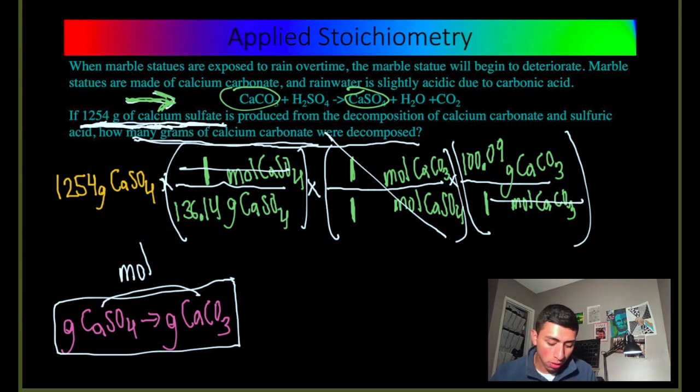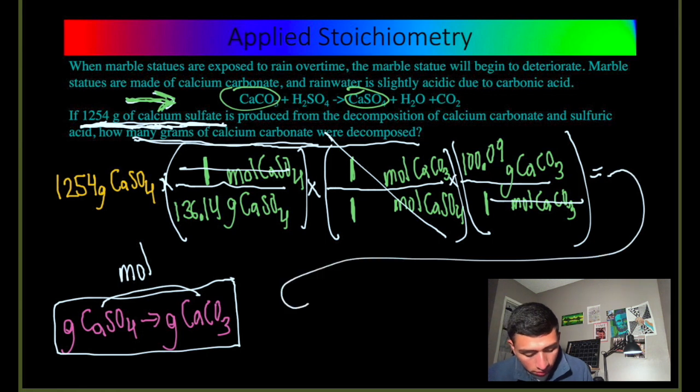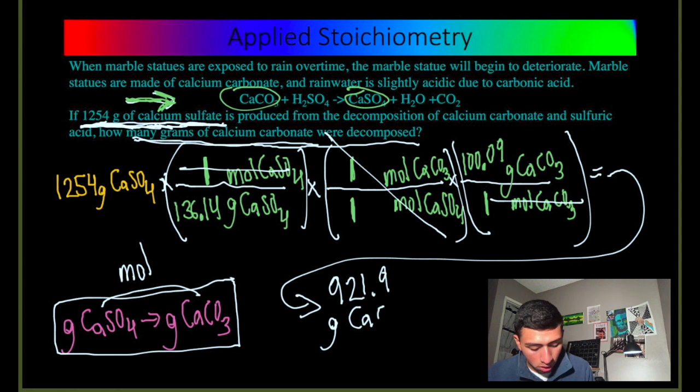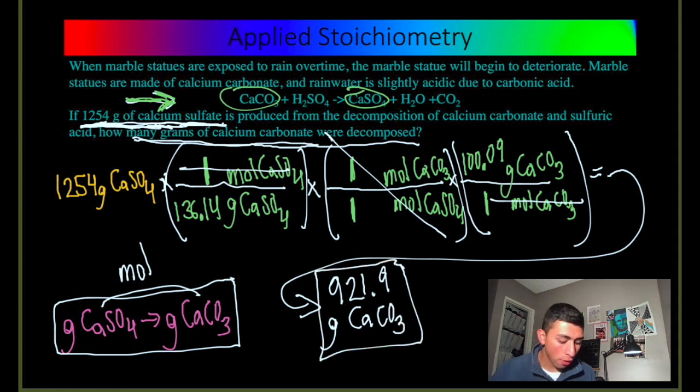Once you get that answer, go ahead and just multiply that by 100.09 grams. And that should give you an answer, I'll write it down here, of 921.9 grams of calcium carbonate. This is our final answer for this problem.